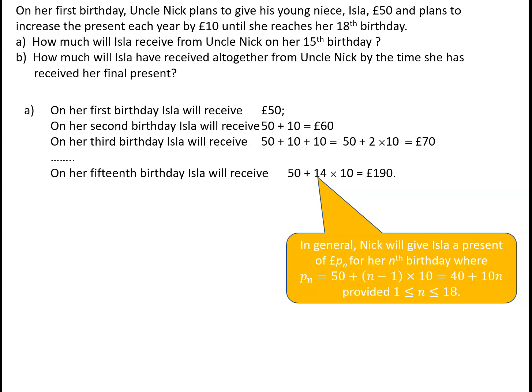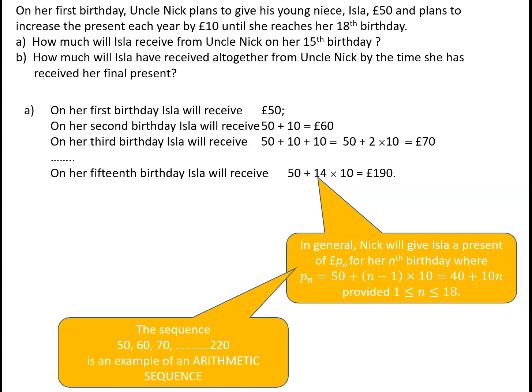So we've got an expression for the amount that Nick will give Isla as a present for her nth birthday, and that amount is 40 plus 10n. The sequence that we've got here, which goes 50, 60, 70, all the way up to £220, is an example of an arithmetic sequence.